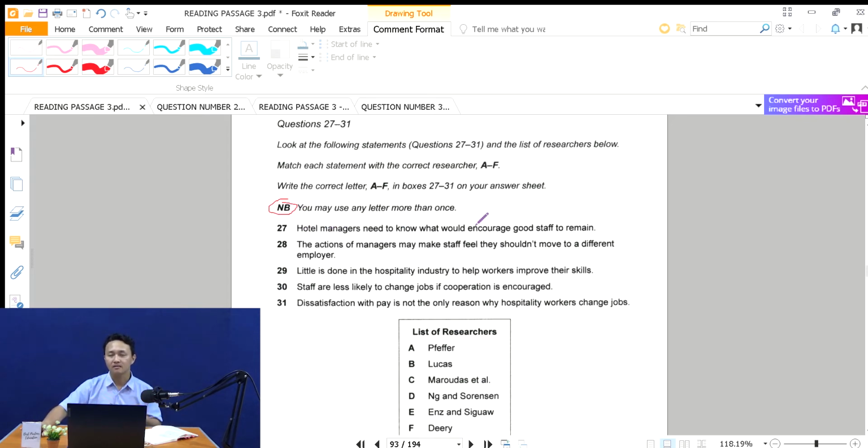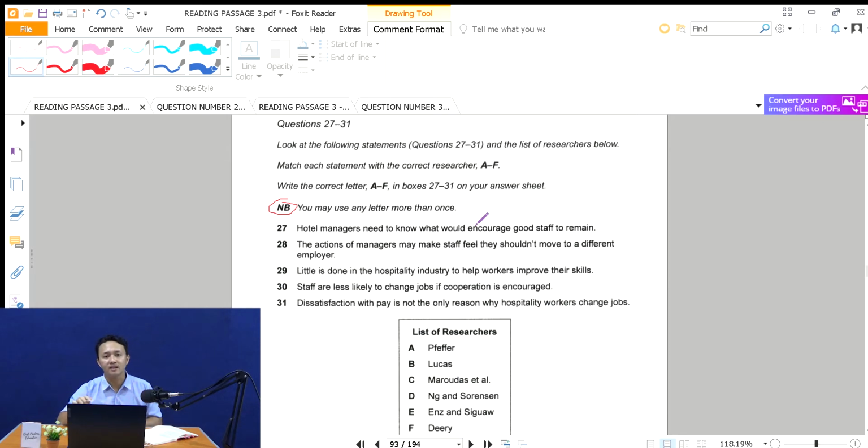So mostly, there will be two answers that have the same letter. For example, number 27 and number 28, the answer is A. So you have to write A and then A again. But again, you have to be very careful and read the instruction.